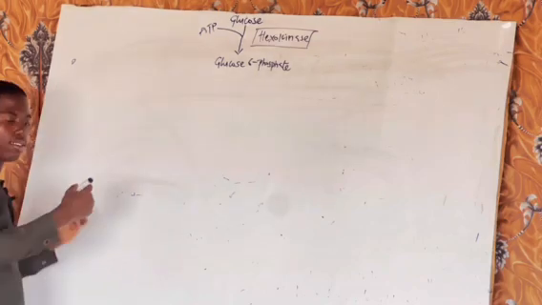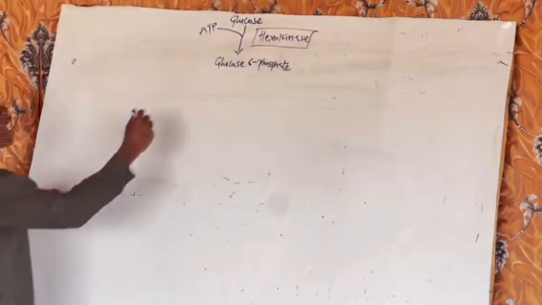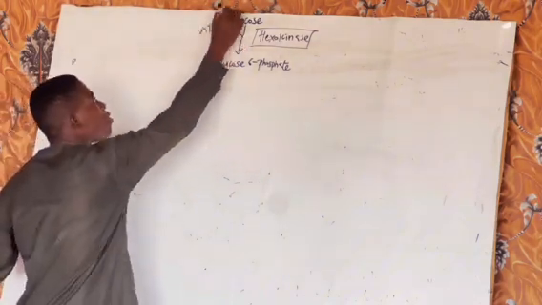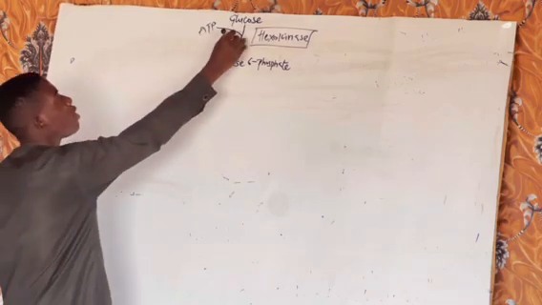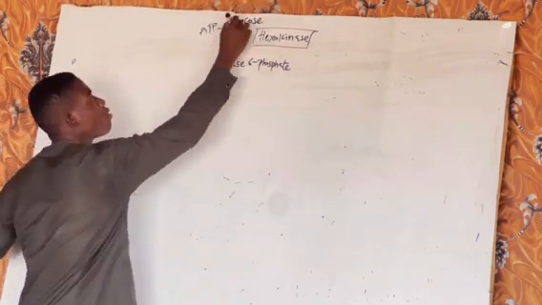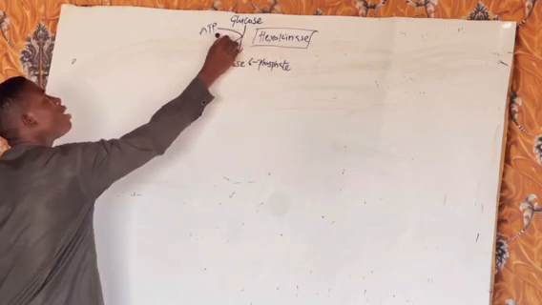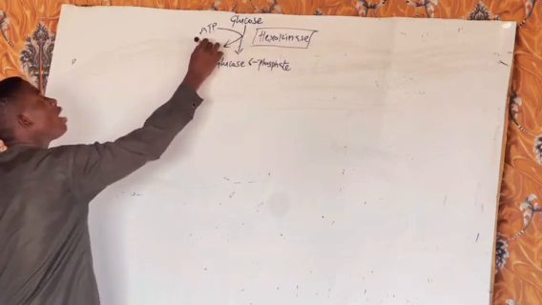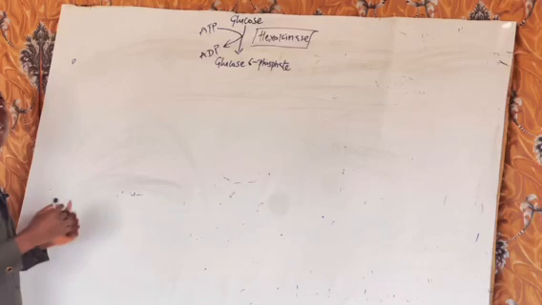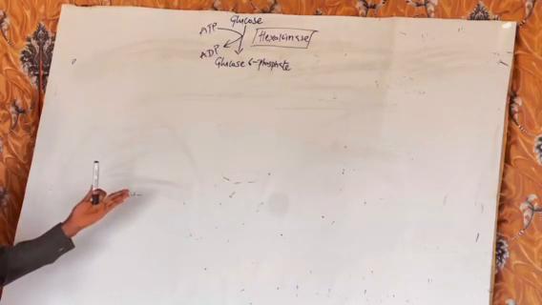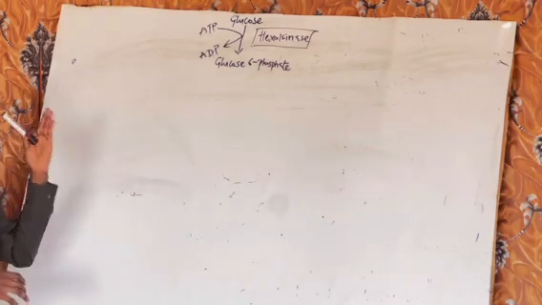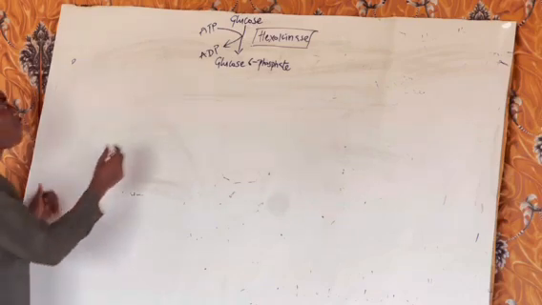ATP is adenosine triphosphate. So this kinase enzyme transfers 1 molecule of phosphate to glucose. Glucose is converted to glucose 6-phosphate. Then the ATP is reduced to ADP, adenosine diphosphate. This is the first step of glycolysis, the first step of the priming phase.